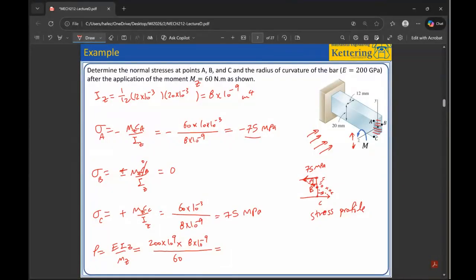So rho is 26.67 meters. What this means is really it bends like a circle upward, and from the centroid, this is the rho that we calculated. That's all that.